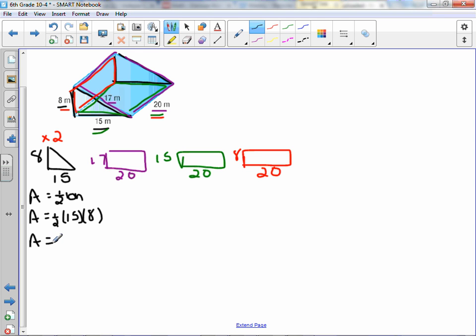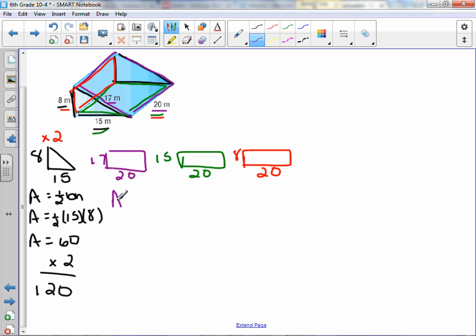Area equals 60. Now I have 2 of those triangles, so let's multiply it by 2, and we get 120.